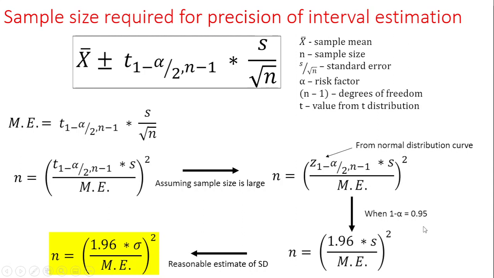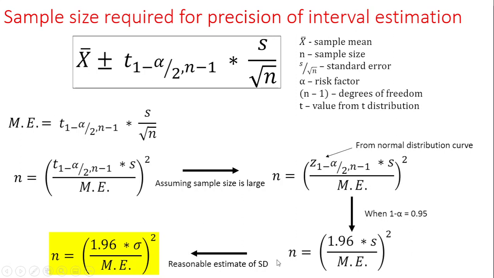In this case, if you assume your alpha to be 0.95, or in other words, if you are trying to determine a 95% confidence interval, then z of 0.95 would be around 1.96. This is something that can be calculated. Another thing that you won't know, unless you have your sample set, is the standard deviation.